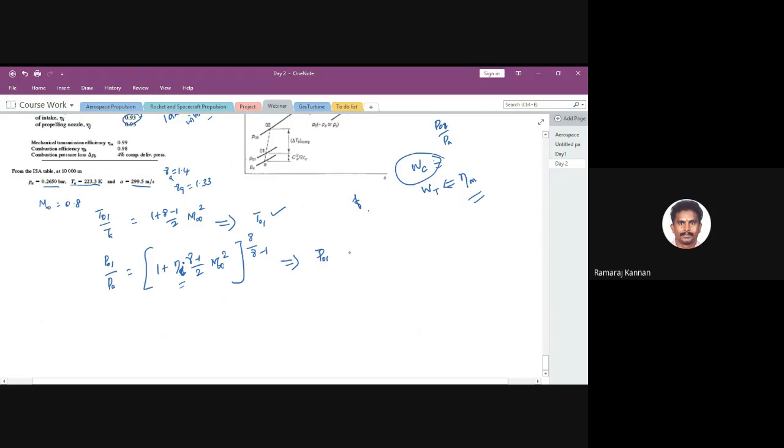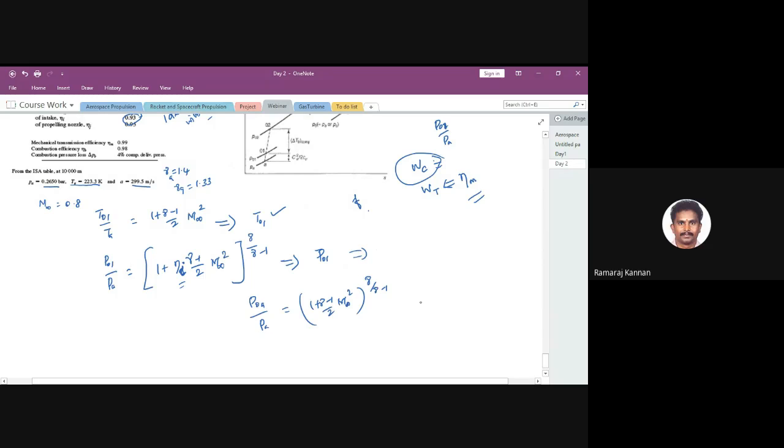Even people are going to ask how much the percentage of pressure recovery is. You can easily find that out. You know the P01 here, and P0A by PA is equal to 1 plus (gamma minus 1) by 2 M infinity square, whole to the power gamma by gamma minus 1.